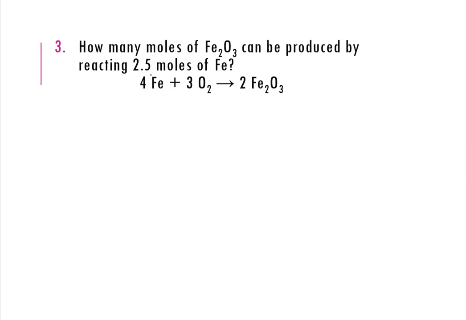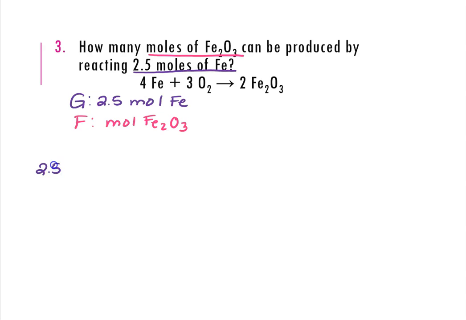This says how many moles of Fe2O3 can be produced by reacting 2.5 moles of Fe. All right, so here I am given moles of Fe. I have 2.5 moles of Fe, and I'm trying to find here moles of Fe2O3. So again, I'm not changing units, I'm just going moles to moles, but I'm going from moles of Fe to moles of Fe2O3, so that means I'm going to use a mole ratio. So I start with what I'm given, 2.5 moles of Fe, and if I want moles of Fe to cancel, I have to put those in the denominator.